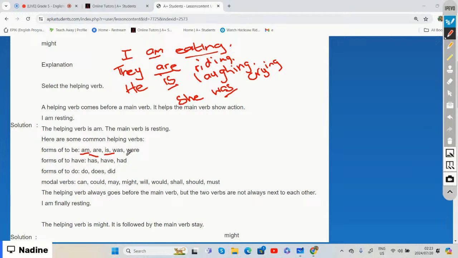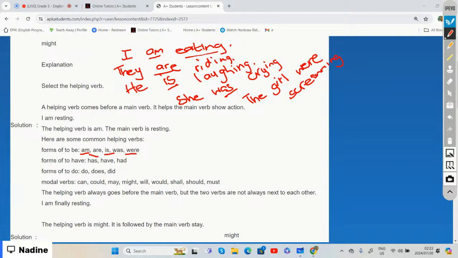And the last one would be were, because was will refer to one person doing something in the past, and were refers to more than one person doing something in the past. And then maybe you can say the girls were screaming. So the girls were screaming, right?